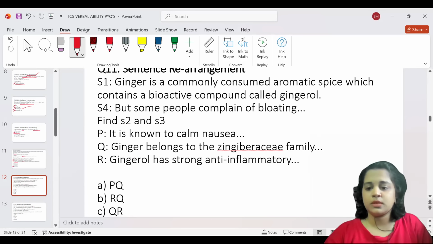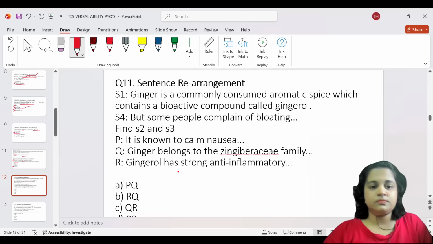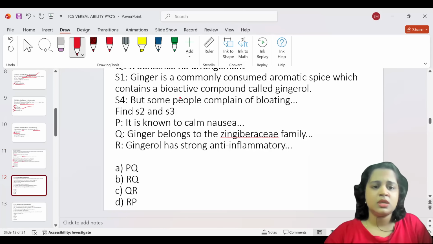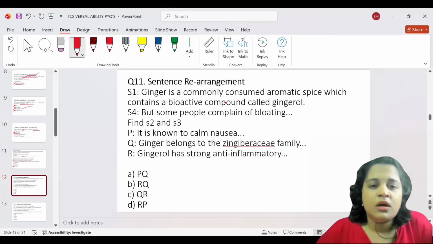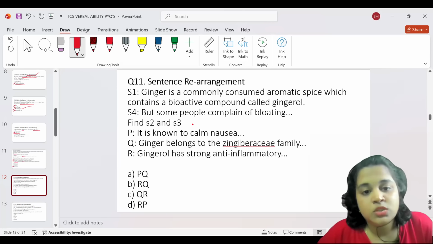Let's go to the next one. Question number 11. So this is a sentence rearrangement question, right? So let us try to solve this particular question.